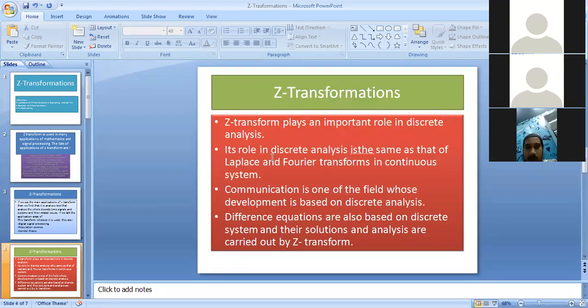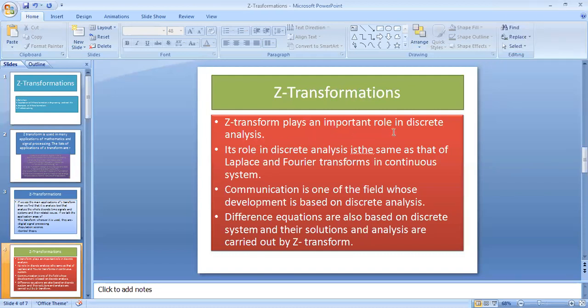Now, as an introduction, the Z transform plays an important role in discrete analysis, not continuous analysis. The time value will be discrete.